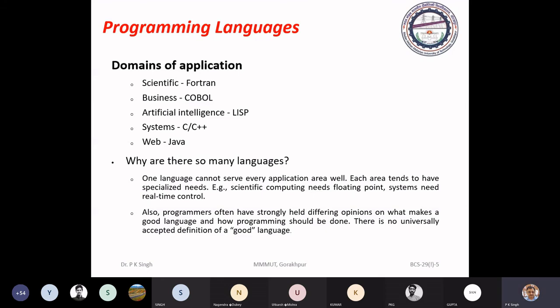And for machine systems, we use C and C++. The C language was introduced in the 70s, but it is still relevant after 50 years because it has language constructs to express the machine structure.